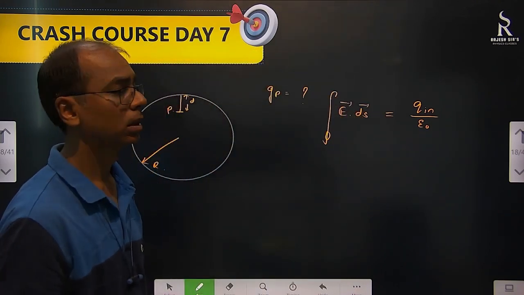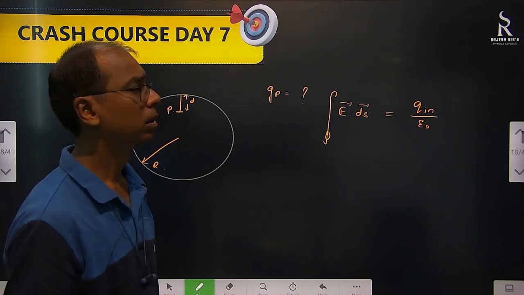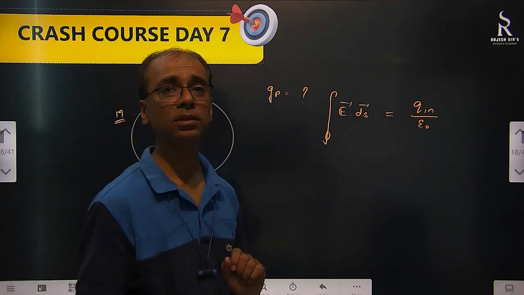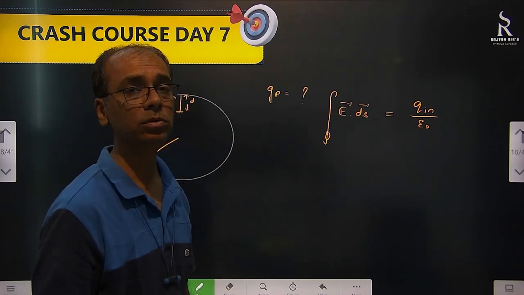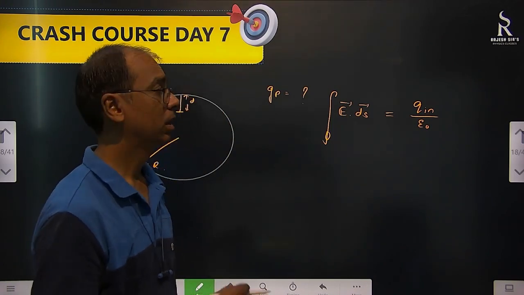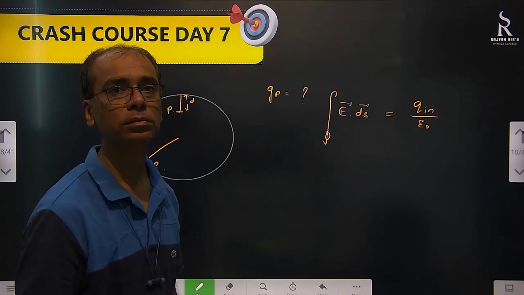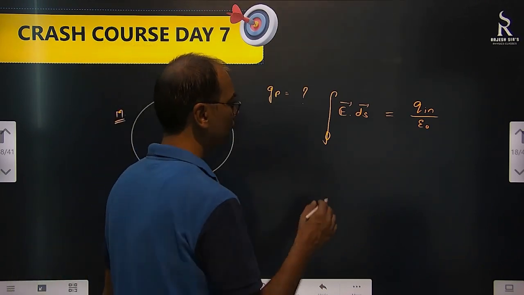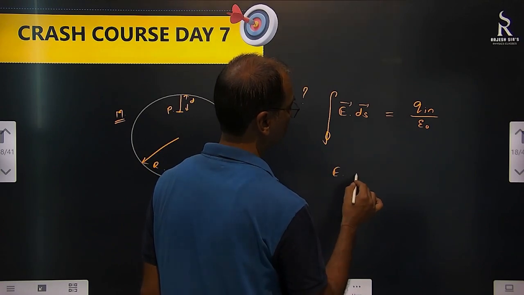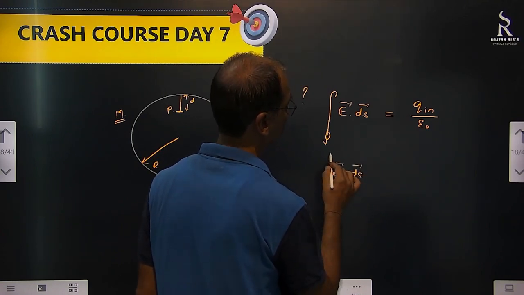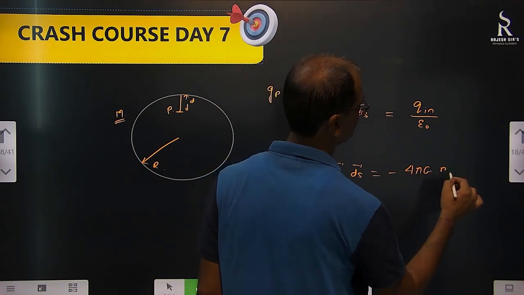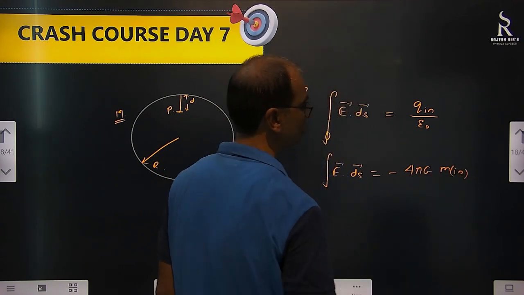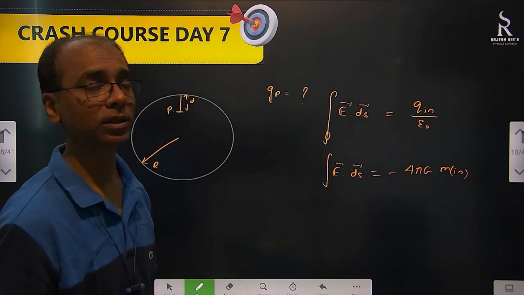Okay, same thing we'll do here. Q will be replaced by the mass inside, and this epsilon naught will change in terms of the gravitation constant. Okay, so in gravitation, the same Gauss law changes into E dot dS equal to minus 4 pi G mass inside. 4 pi G mass inside.